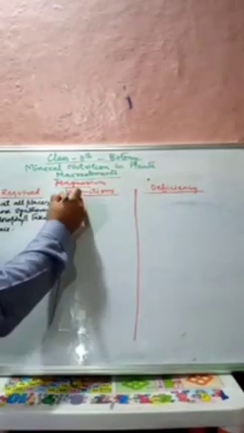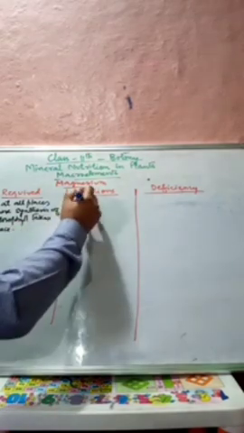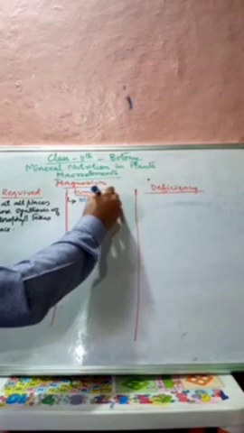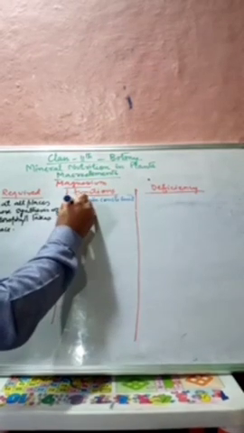Now, what are the main functions of this? Let us discuss one by one. First function: main constituent of chlorophyll.